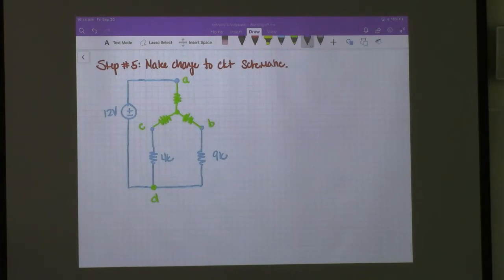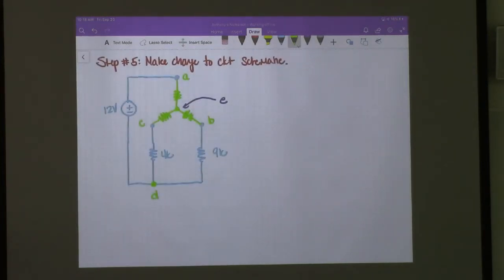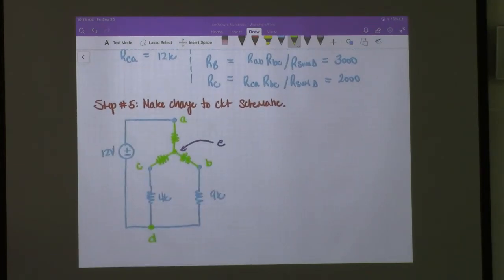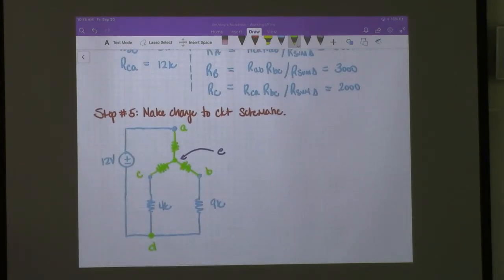I'll call it node E. Let's give the values that we calculated above. The one associated with A is RA, which is 6 kilo ohms. RB is 3 kilo ohms, and this is 2 kilo ohms.